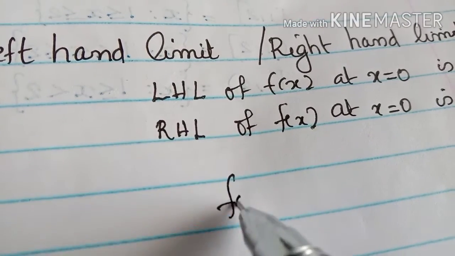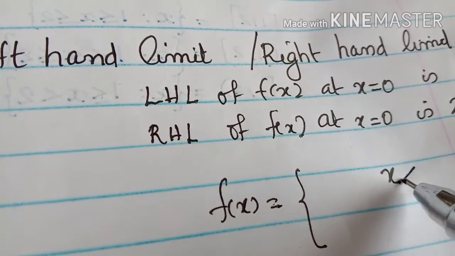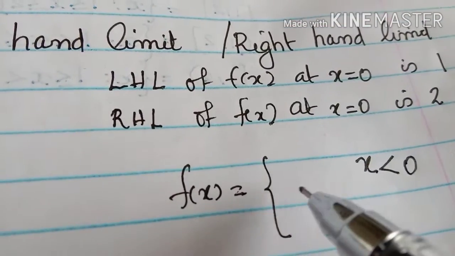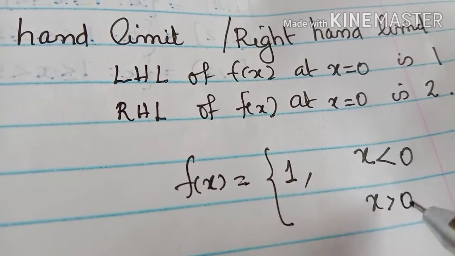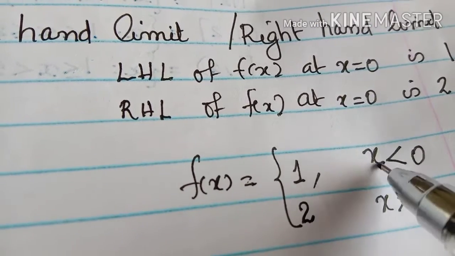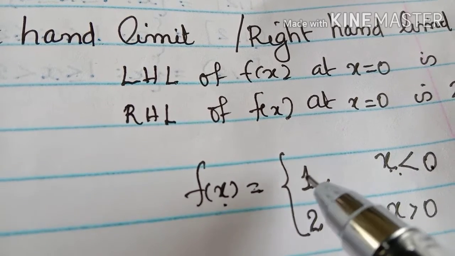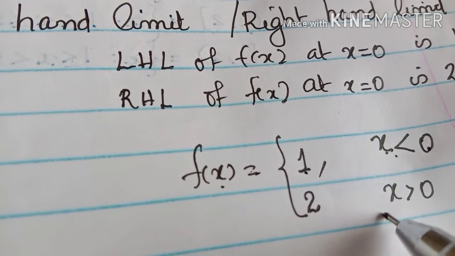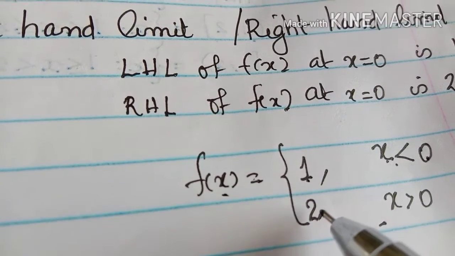Because our function is defined such that for all negative numbers the function value is 1, and for all positive values of x the value of the function is 2.